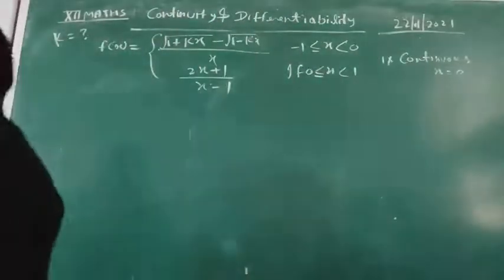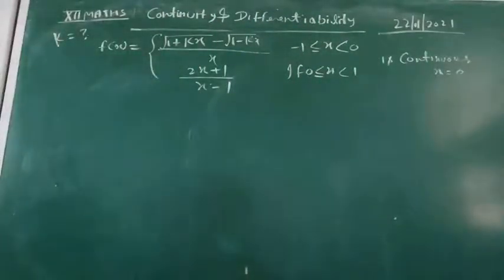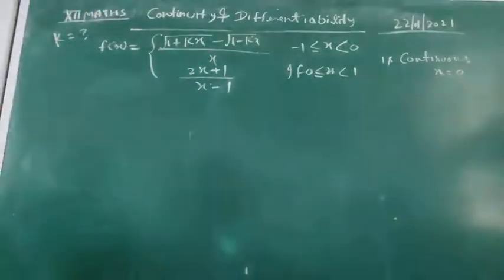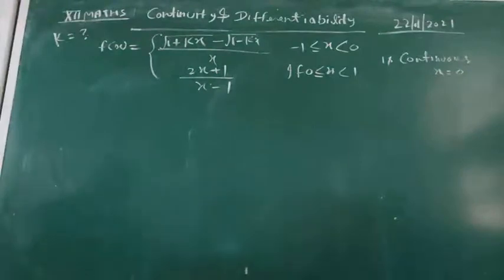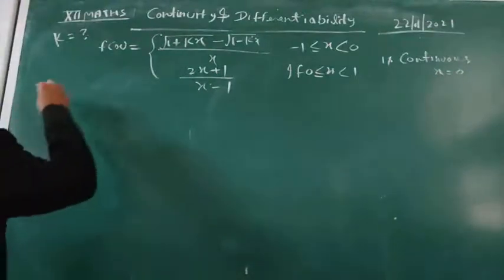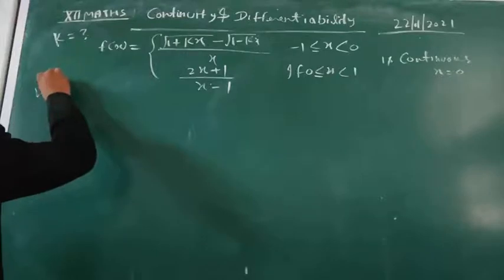Okay student, so it means that our left hand limit, right hand limit and value of the function are equal. Okay, so we first find the left hand limit.